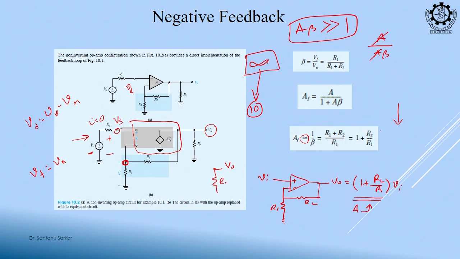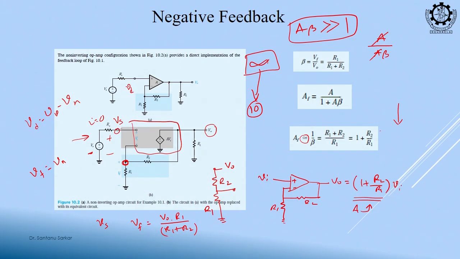This is R2, this is R1, so what does it become? A potential divider. So, what will be this voltage? R1 by R1 plus R2 into V0, that is it. So, my input is Vs and the feedback voltage is V0 R1 by R1 plus R2.